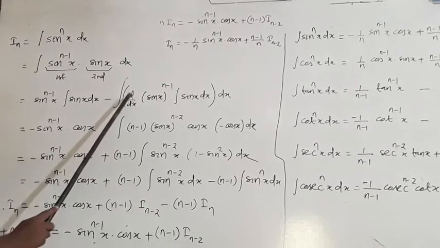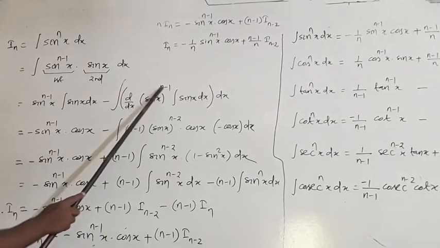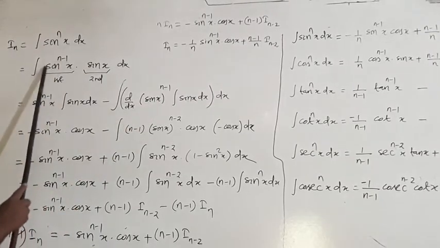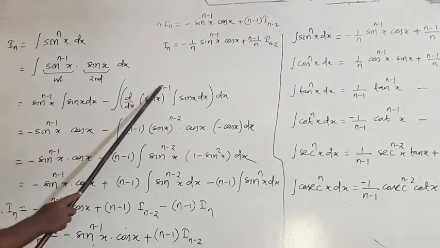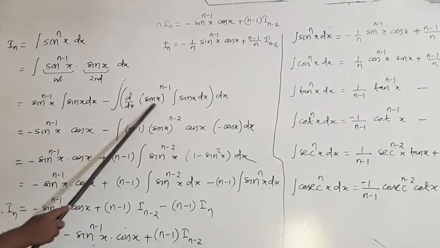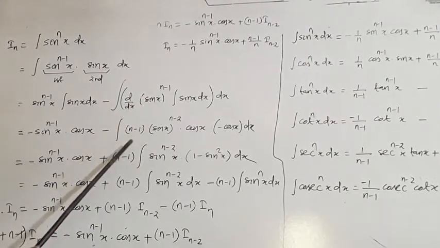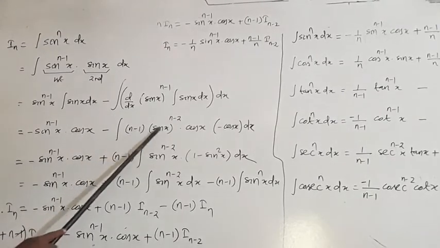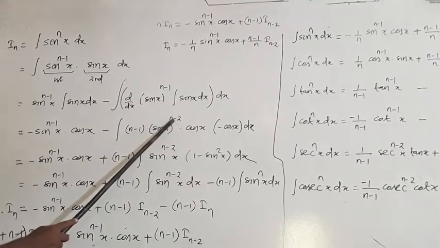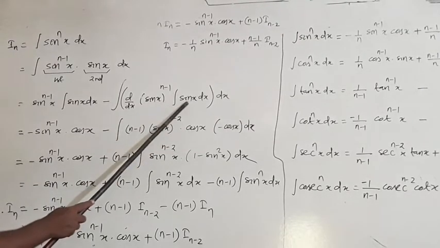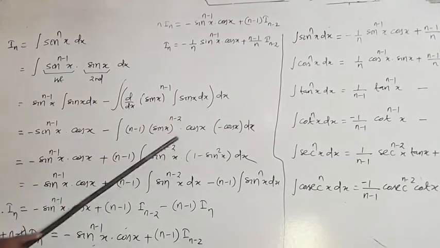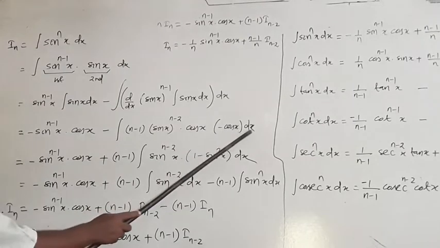Now look here. In place of sine power n minus 1 x, I am writing sin x to the power n minus 1. Its derivative is n minus 1 sin x to the power n minus 2 into derivative of sin x, that is cos x, into integration of sin x, that is minus cos x, into dx.